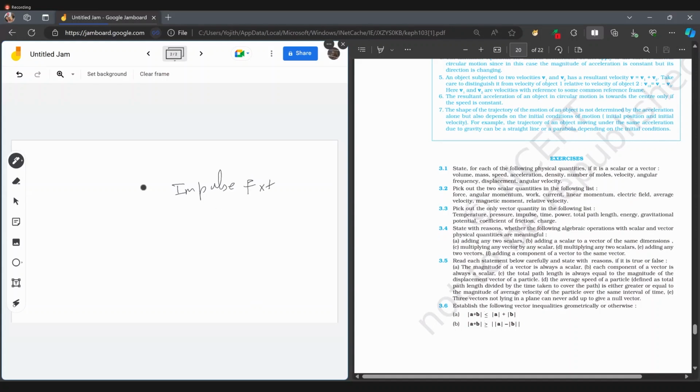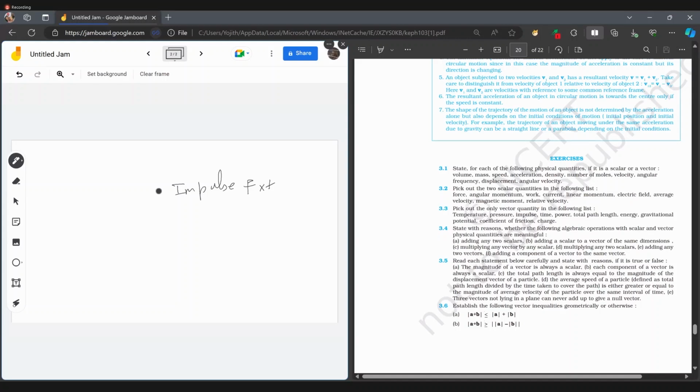So impulse is a vector. Okay, next question: state with reasons whether the following algebraic operations with scalar and vector physical quantities are meaningful.